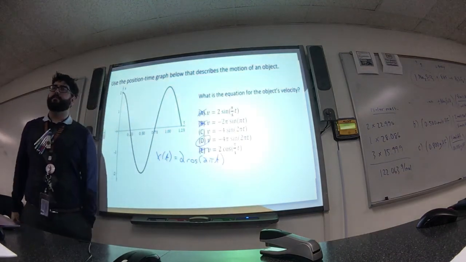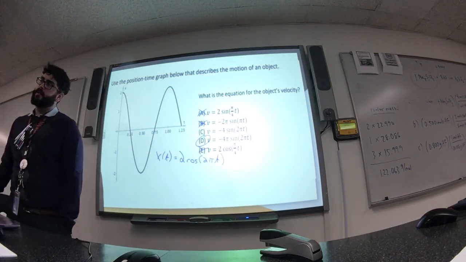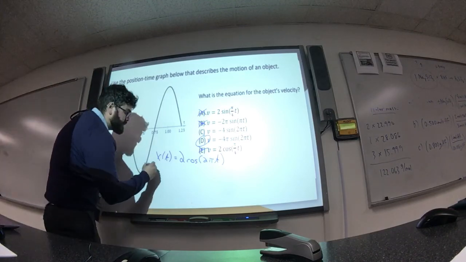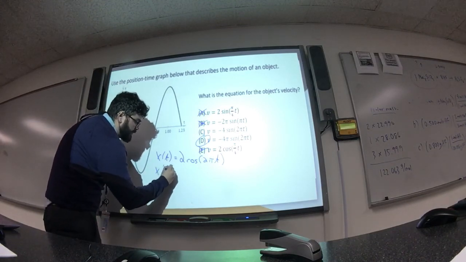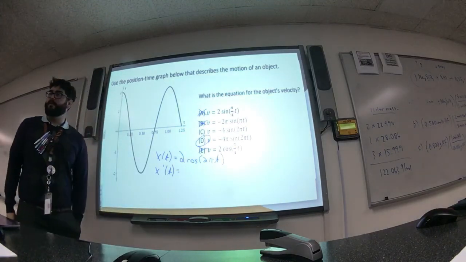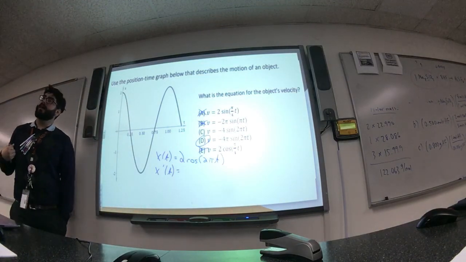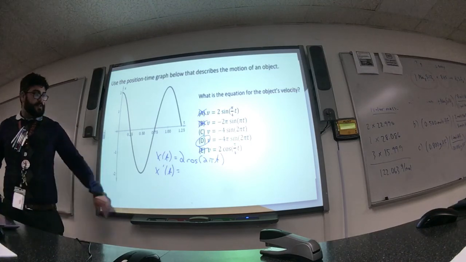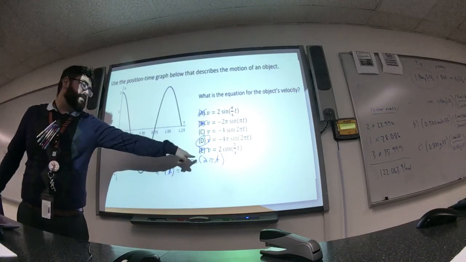That was our position function, right? How can I get a velocity function from this? Take the derivative, so x prime of t. I can do this using a u substitution if you want, or chain rule, it doesn't matter. So the 2 doesn't do anything. The derivative of cosine is negative sine.